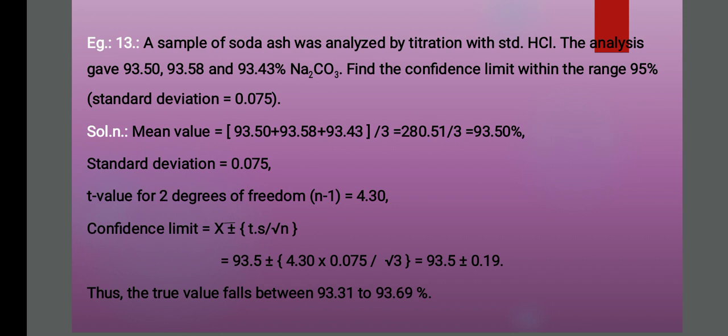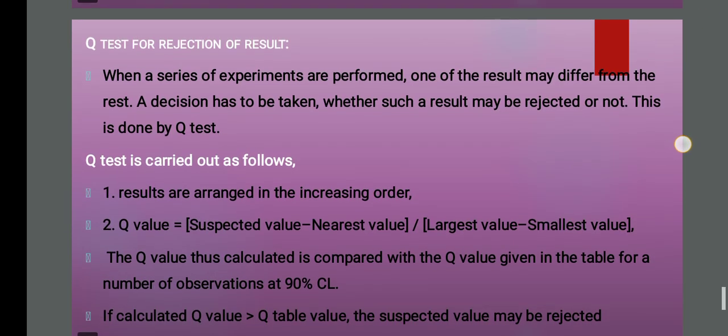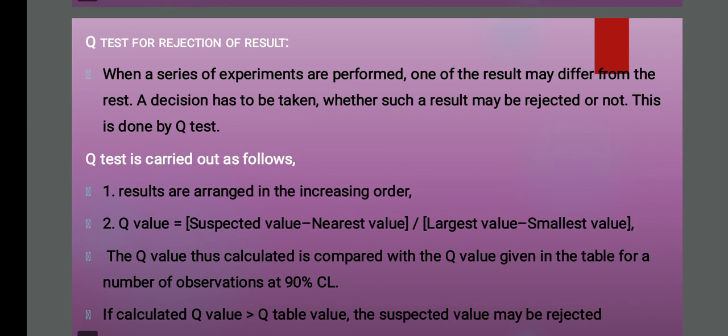Okay. So next we can see the third one. It is said to be the Q test for rejection of result. I think you are able to follow the first two methods. The first one is Student's t test. The second one we have seen is the confidence limit, and the third one you are going to see is the Q test for rejection of result.